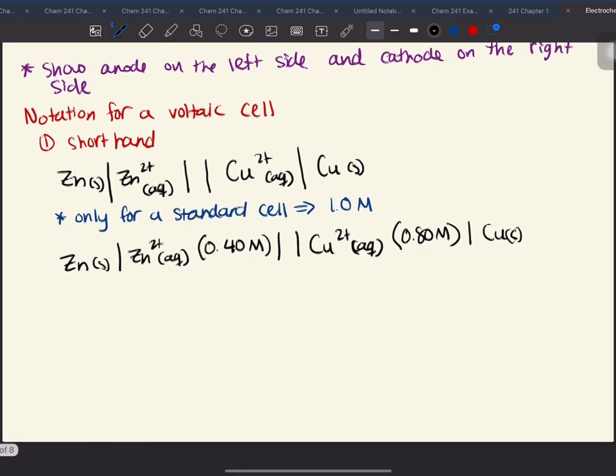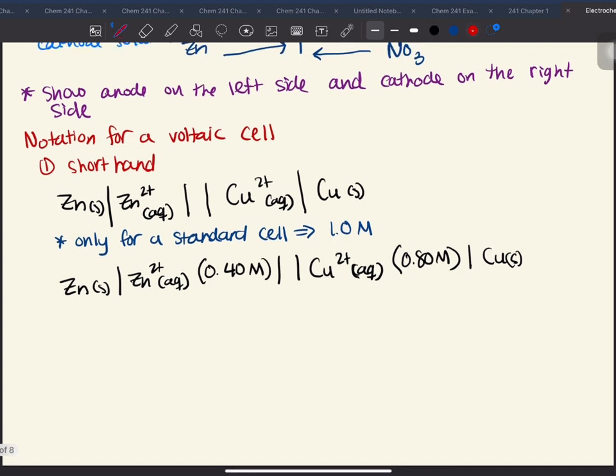Now, the other way that we can show this is in a beaker diagram. And this is where it is more drawn out. So we have our two beakers. And remember, we put the anode first.